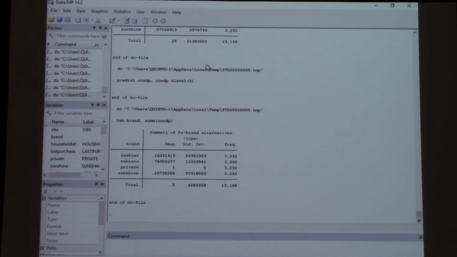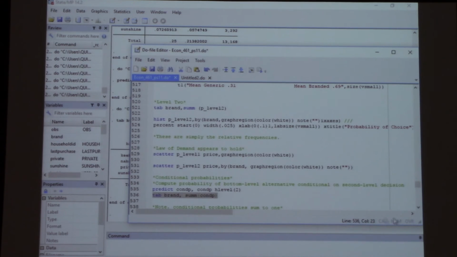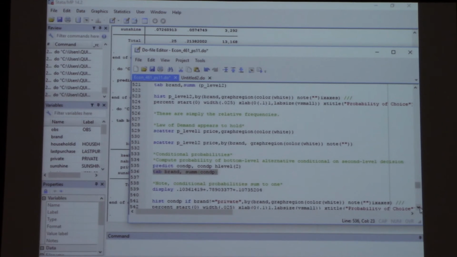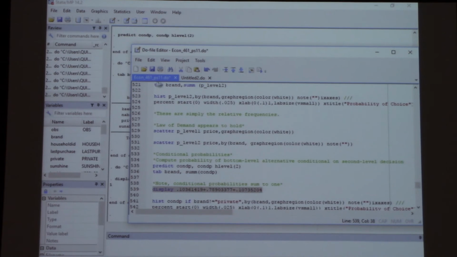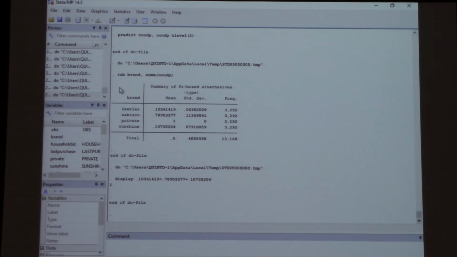On top of that, again, I'm a huge fan of this, we should be able to measure marketing effectiveness, promotional impact. And again, this is just to show that these probabilities should sum to 1.